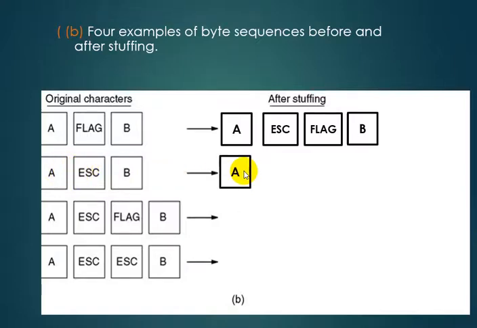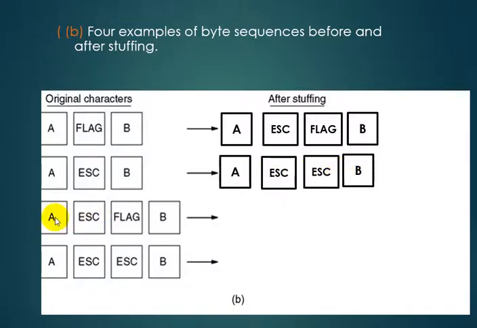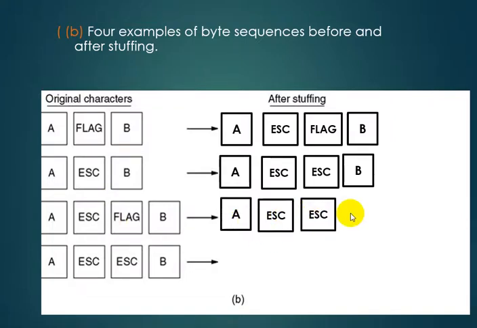So A, escape, original escape and B. And here an escape is there and a flag is there. So before the escape you have to include one more escape, and before the flag you have to include an escape character. So A, escape, original escape, escape, original flag and B.